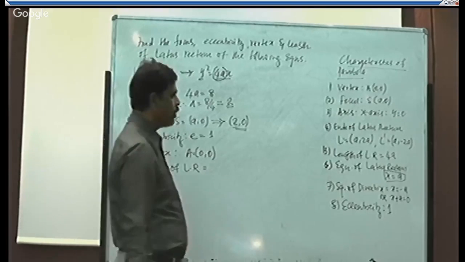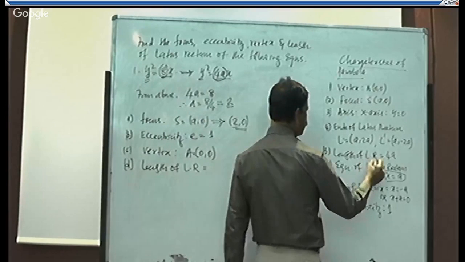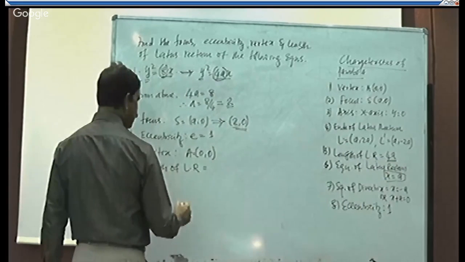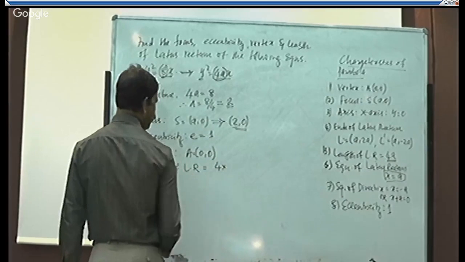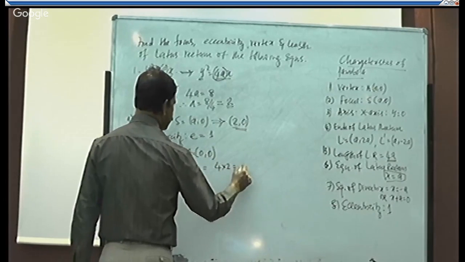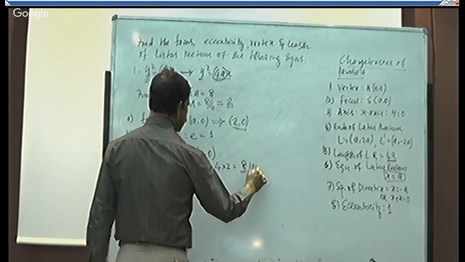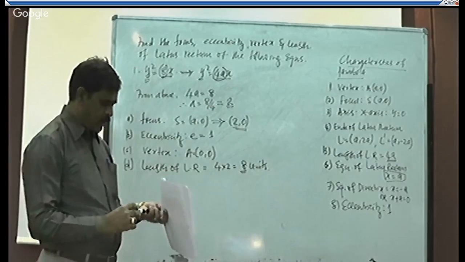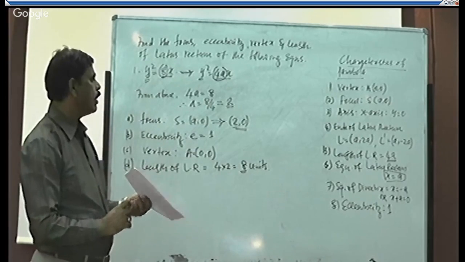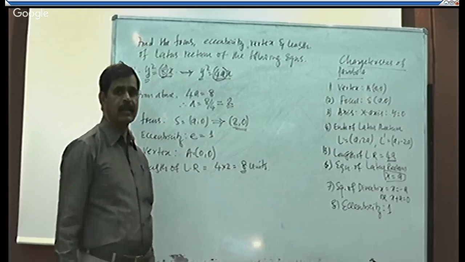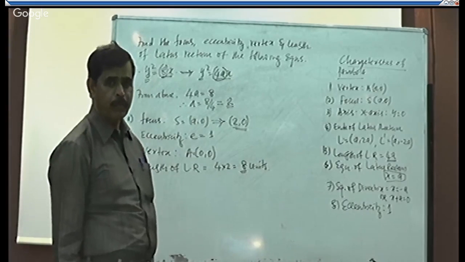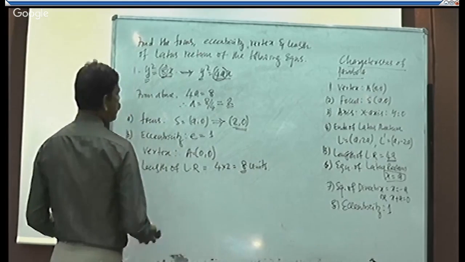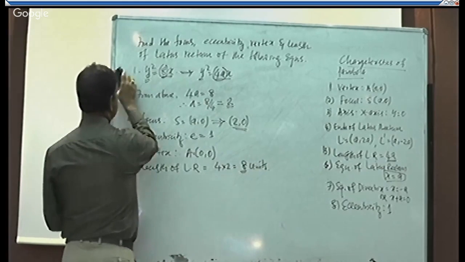As we know, the length of the latus rectum is 4a, isn't it? Just write the value of a. 4 into a, and a is 2. That is equal to 8 units. Got it? This is the way in which we can get the characteristics of the given parabola. Right? Next, let us take the other problem.